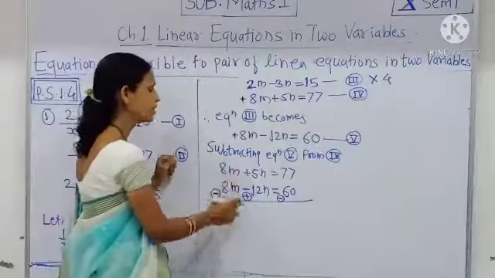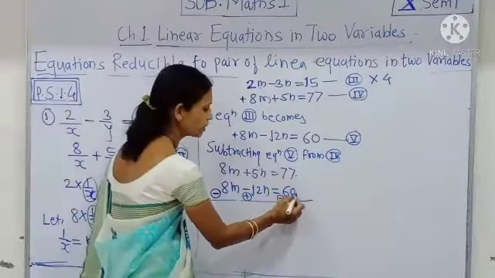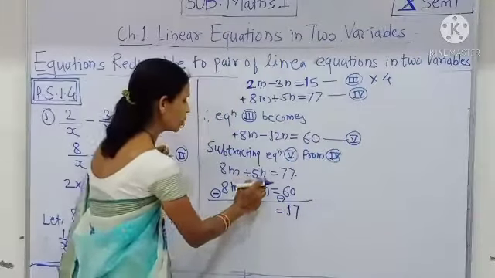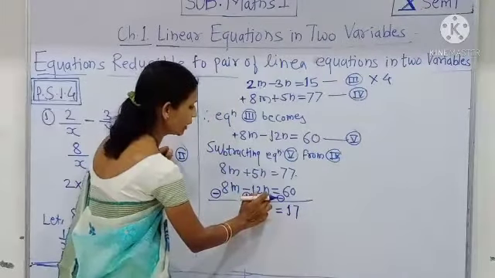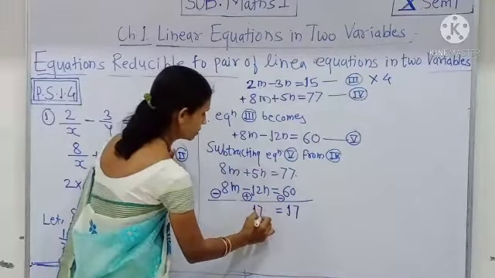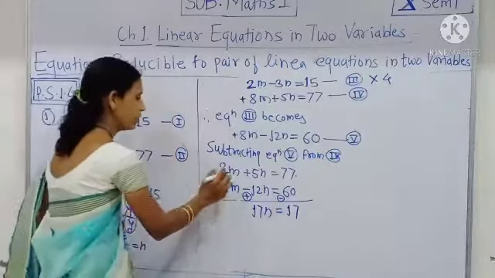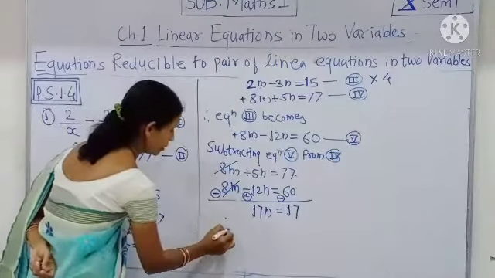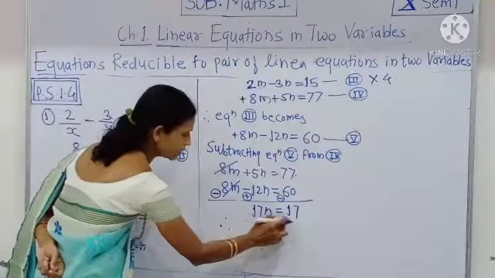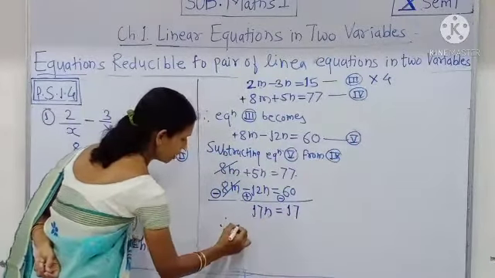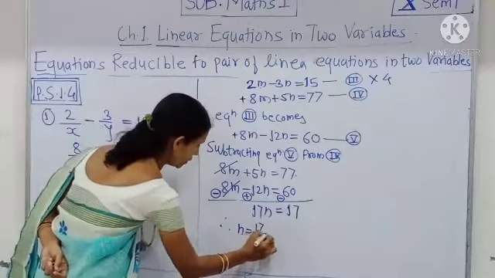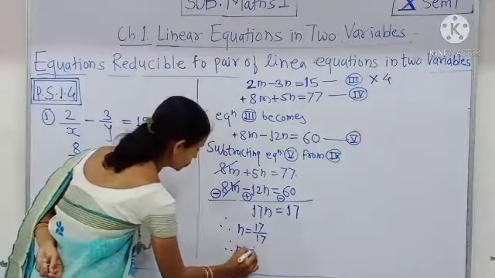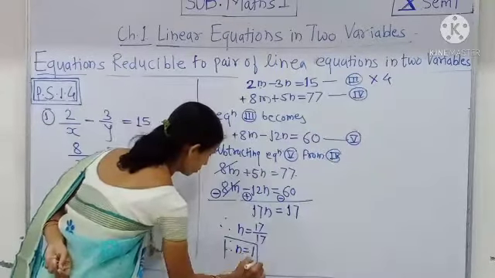Then solving, 77 minus 60 is 17, 5n plus 12n is 17n, and 8m minus 8m get cancelled. Therefore 17n is equal to 17, therefore n is equal to 17 upon 17, and here n is equal to 1.